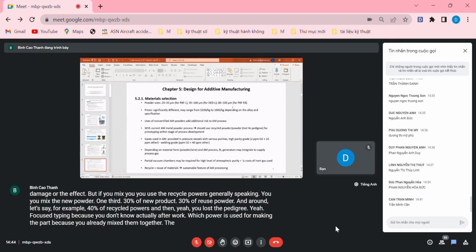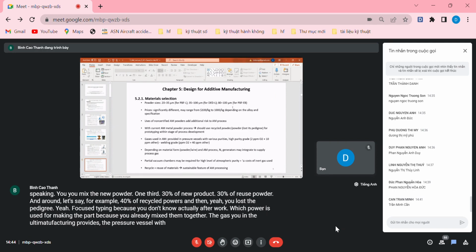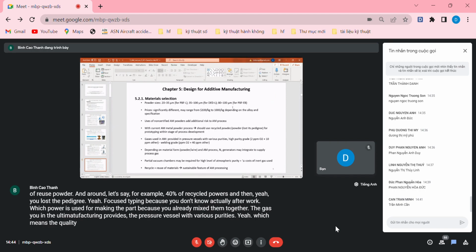The gas used in additive manufacturing is supplied by a pressure vessel with various purities, which means the quality of the gas.